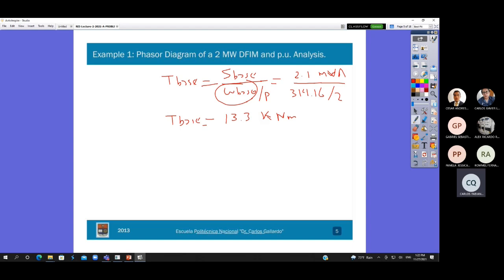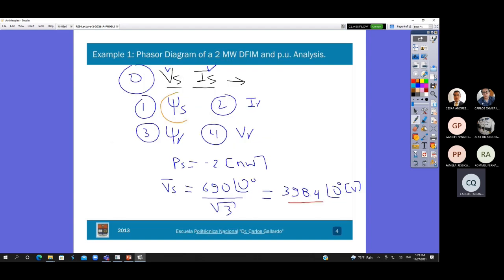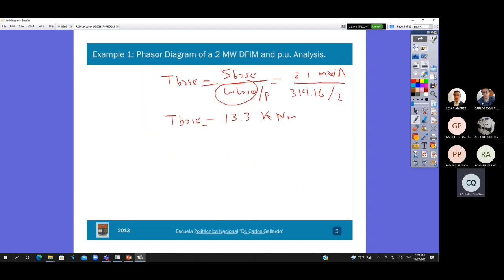So in order to build the phasor diagram, let's start computing the stator flux. Do you remember from the methodology? My first step is to compute the stator flux.